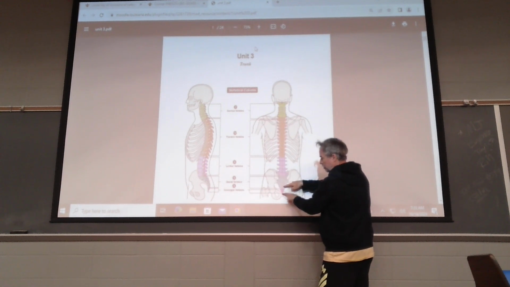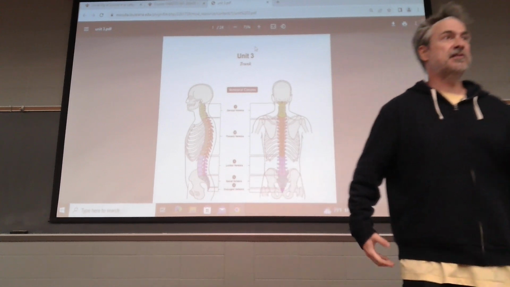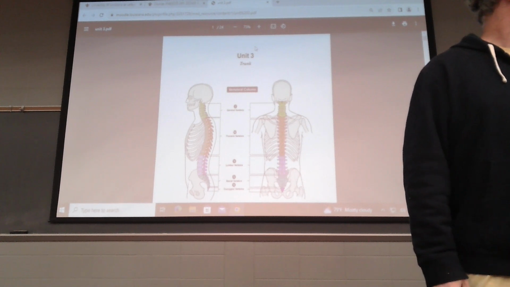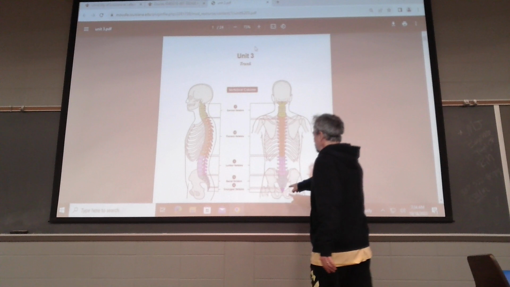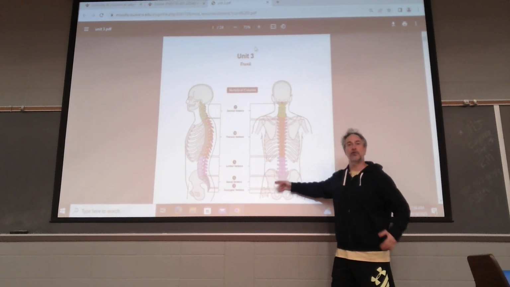And then the final one, which is kind of insignificant to how we use it as humans, that's our tailbone, the coccyx. You have four fused coccygeal bones. Useless for our class, very important as part of the pelvic girdle.